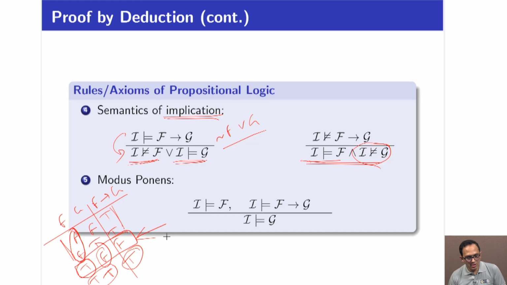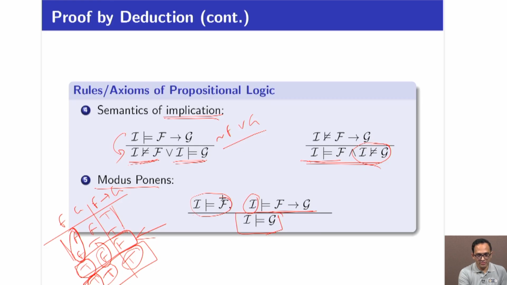This is quite understood. Modus ponens I have discussed in the previous class. So, here I am saying that if the interpretation satisfies f and the interpretation satisfies f implies g, then what can I conclude? I can conclude that the interpretation satisfies g.